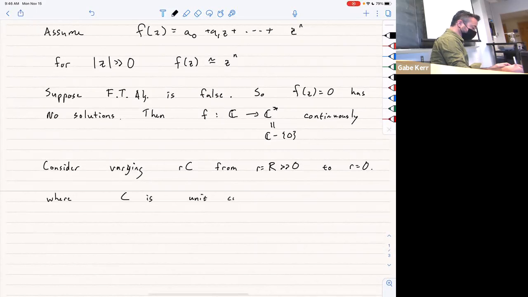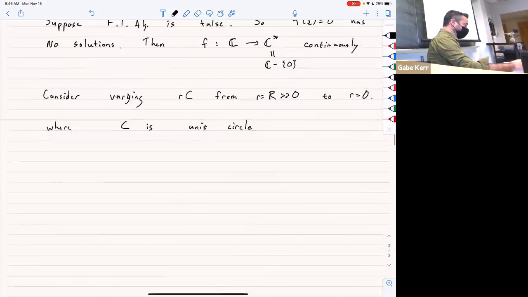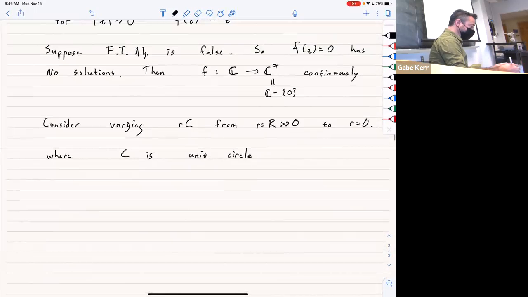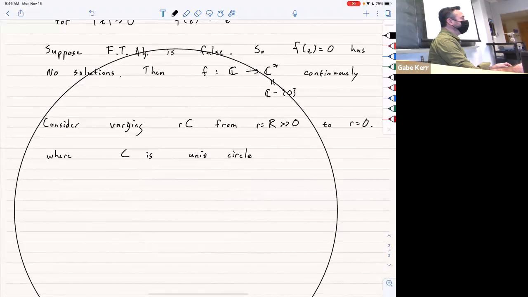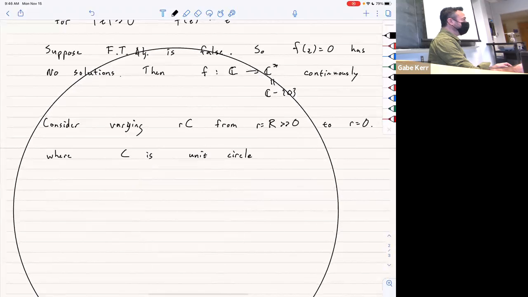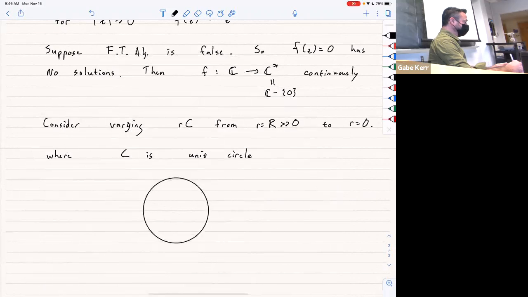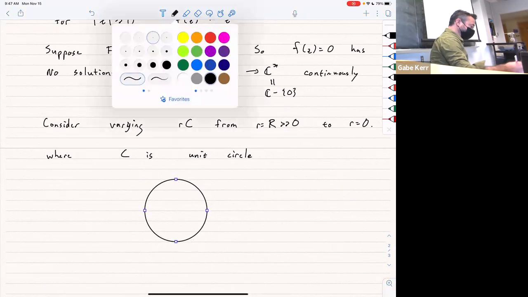Let me draw a picture here. It's not hard to draw. Here's R big, this is a unit circle, really big, and I'm going to start there and then vary it until it's very, very small, all the way down to a point. That's r equals 0. So this is my rC.